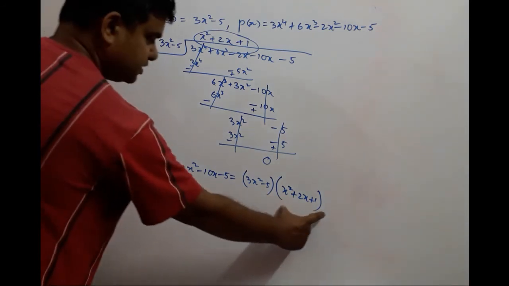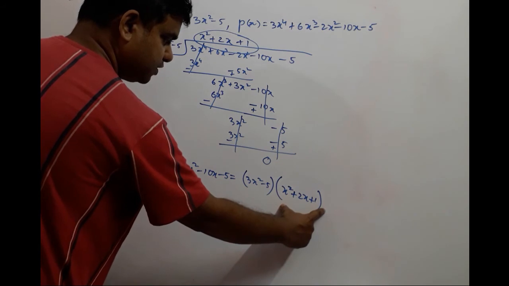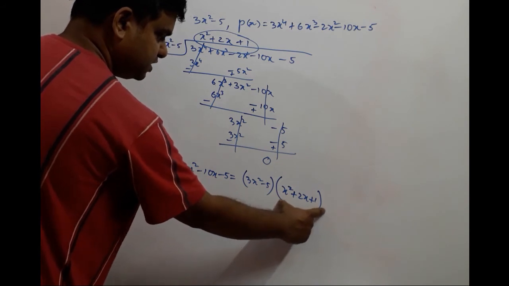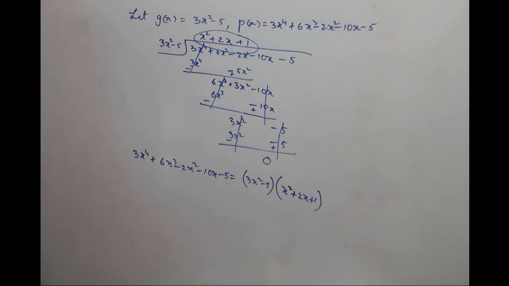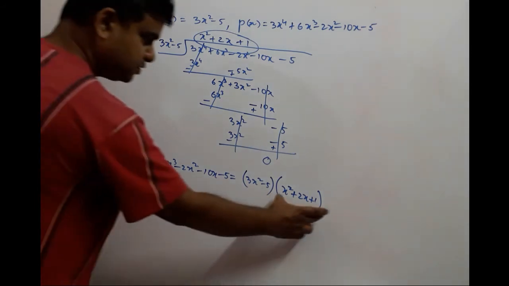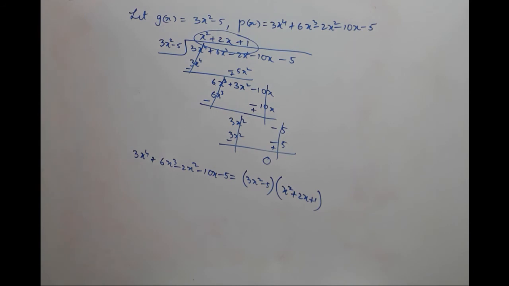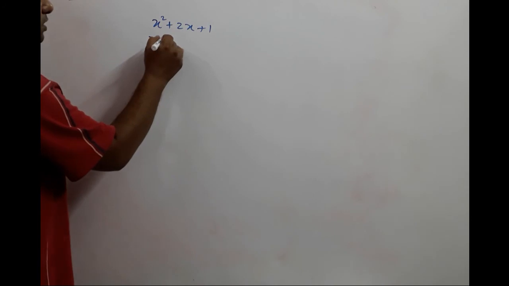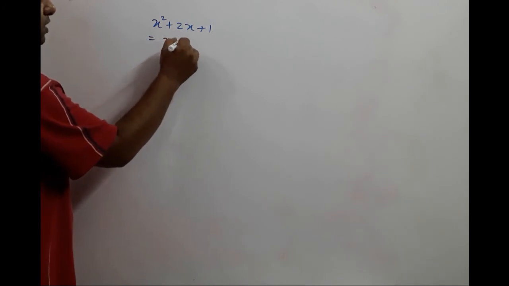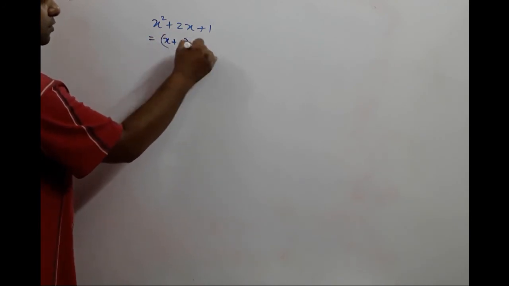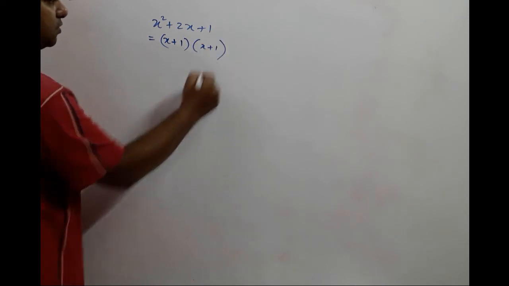Using this factor, we'll get the other two zeros. How do we get the other two zeros? We just split the middle term in this case. I've taken the factor separately, x square plus 2x plus 1, which we can write as x plus 1 into x plus 1.